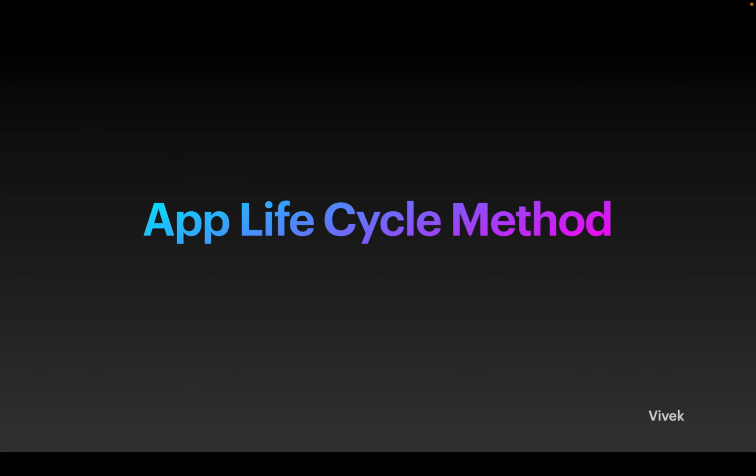These methods are already provided from the Apple side, so we can use that and customize our application. Likewise, in the app lifecycle methods, we are still having some methods that are provided from the Apple side, so that we can use them and do things on the life cycle of the application.